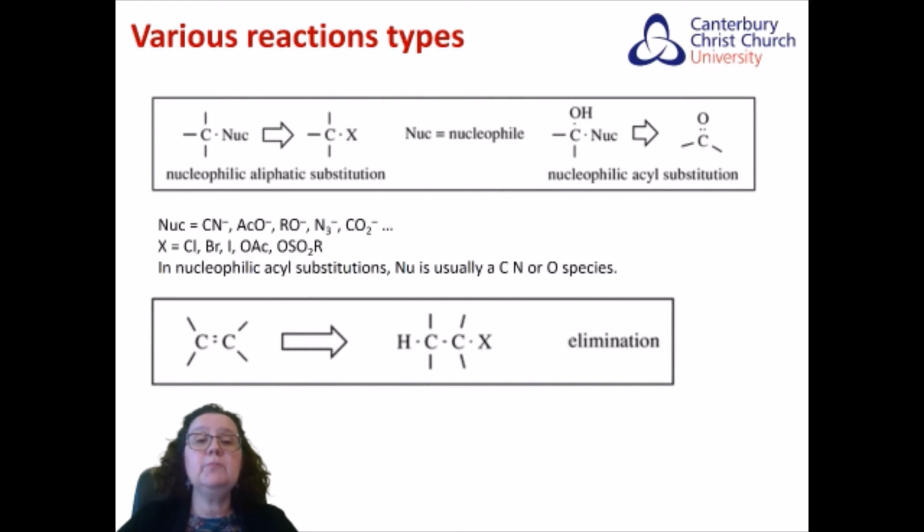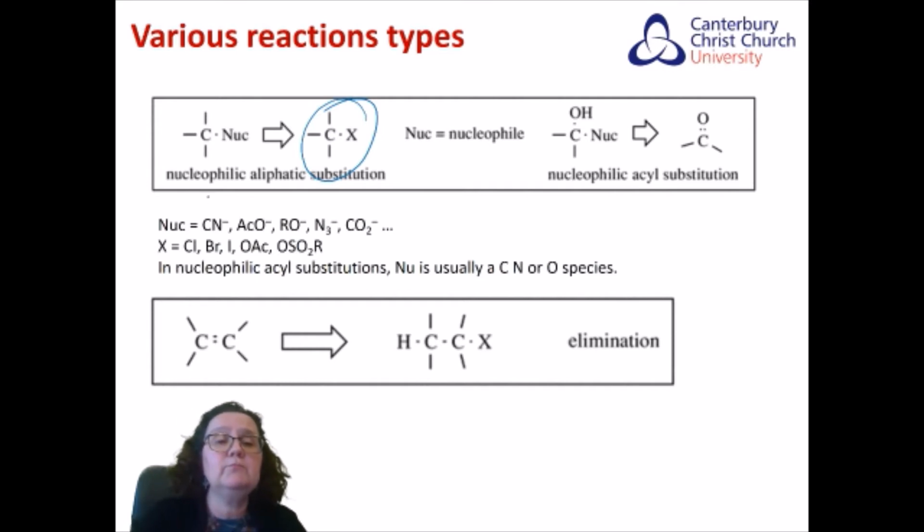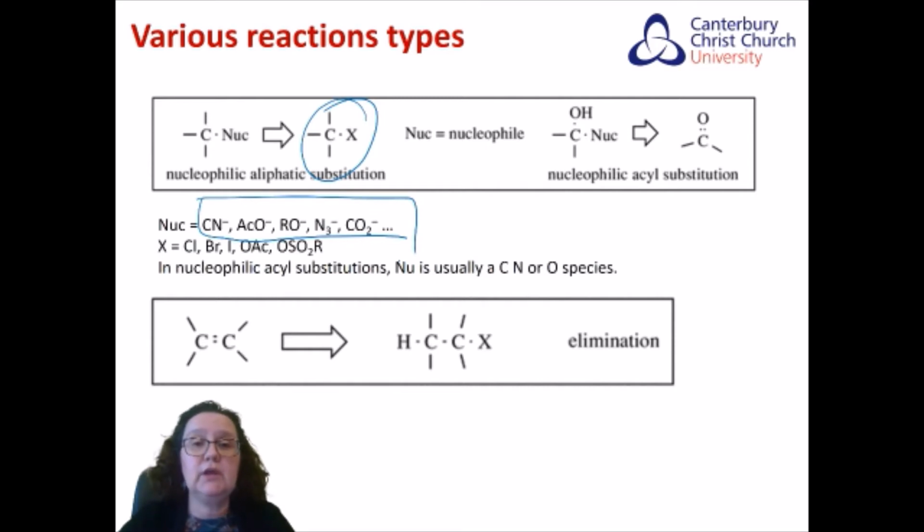This is an example of what a nucleophilic aliphatic substitution looks like, in which you have a starting compound with a leaving group, X, which could be, for example, a halogen or an acetate group or a sulfonic group, and then you add a nucleophile, and these are some examples of nucleophiles you might want to include in your target compound.